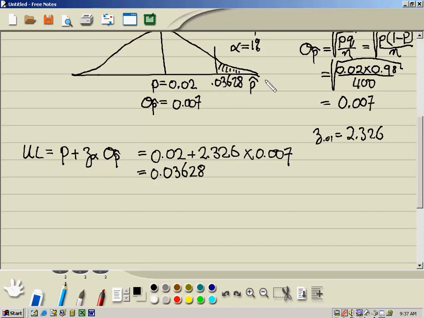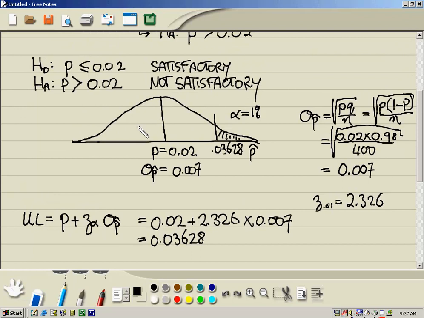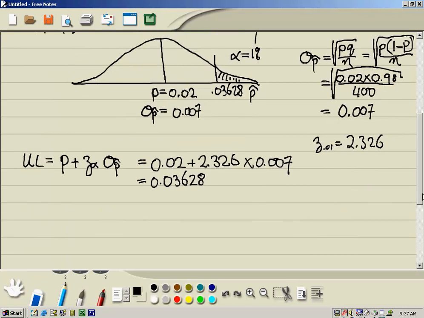Alright, so if the null is true, if the work is satisfactory, we'll have sample error rates, sample proportions all the way up to about 3.6%. Beyond that, error rates are unlikely to occur if the work is satisfactory.